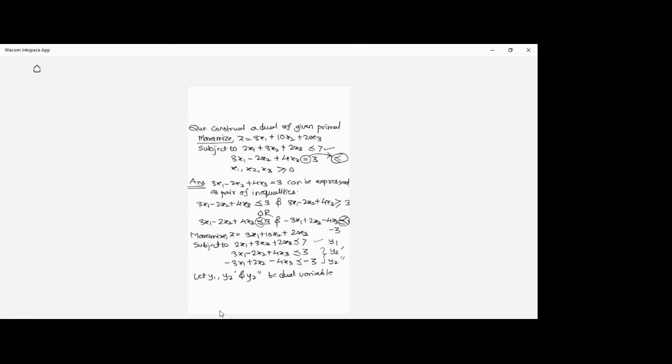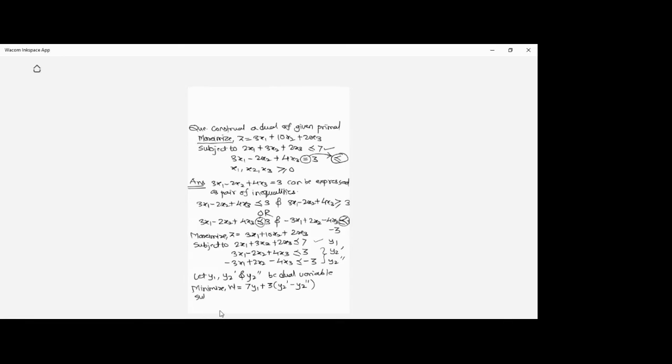If I move ahead, minimize w equal to 7y1 plus 3y2 dash minus 3y2 double dash. So that has been taken care of when I'm putting it in the equation, right?